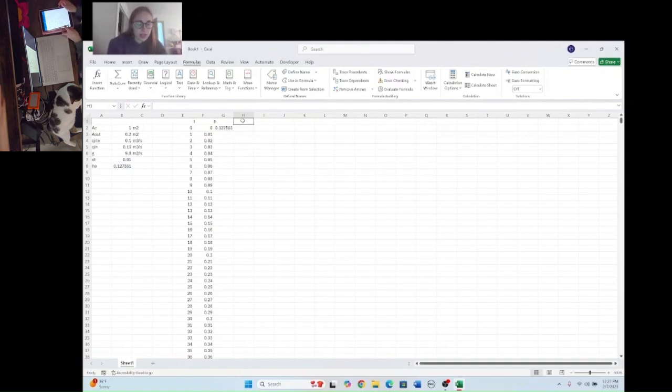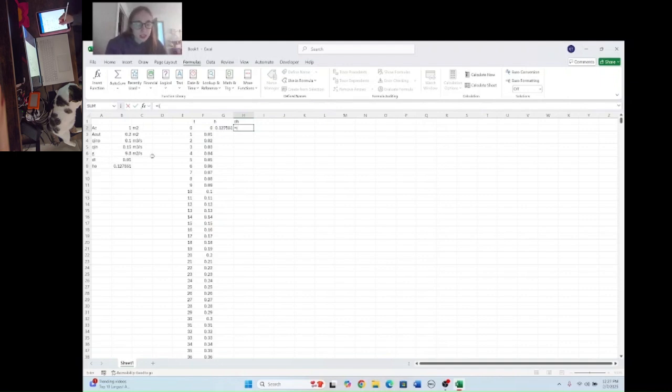So then we have a dh here, which is going to be our differential change in height. So this is what we're going to use for our equation that we derived in the beginning. So our differential height is going to be, I mean, I could do it like that, I don't care.